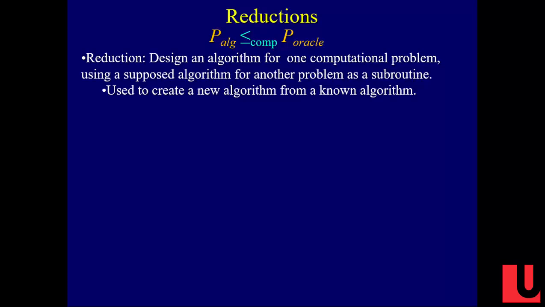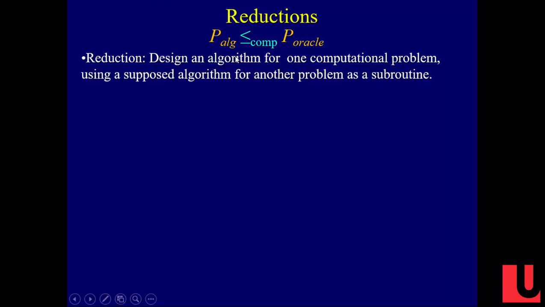I is the input to the problem. We have two problems here. I algorithm is an input to this problem, and I oracle is an input to this problem. What's the difference between an input and an instance? I struggle with that one. If I have an algorithm and it has an input x, then you say, what is its input?